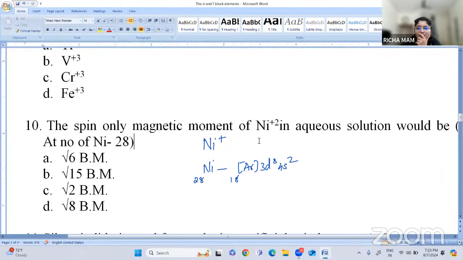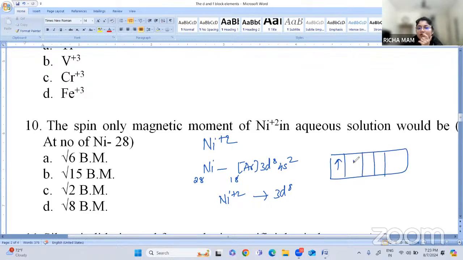So nickel plus 2 will now be 3d8. Write the electrons: 1, 2, 3, 4, 5, 6, 7, and 8. So the number of unpaired electrons is 2.